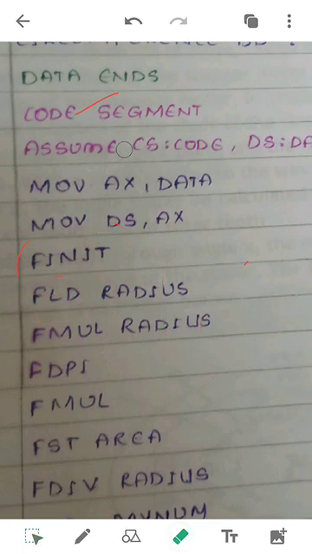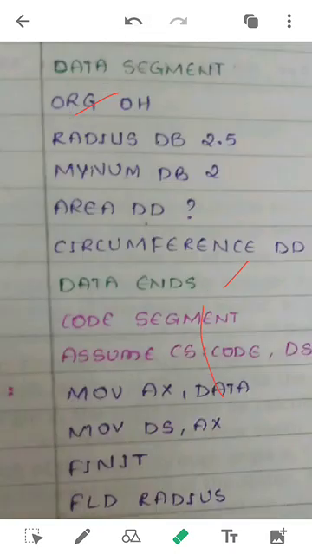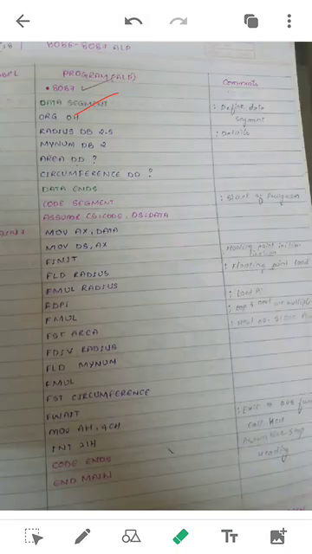Here in this example, you have instructions belonging to the 8086 as well as the 8087. FLD radius, FLD means floating point load, FMUL means multiplication of the floating point numbers, FST means store the floating point number of circumference, FWAIT means wait until the result is displayed.